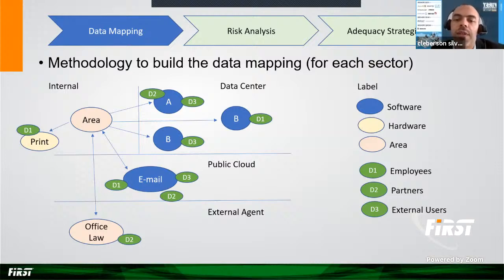We can also see the arrows pointing the direction of the data flows. The area using system B, and the area using the corporate email and receiving email from other areas or external agents.